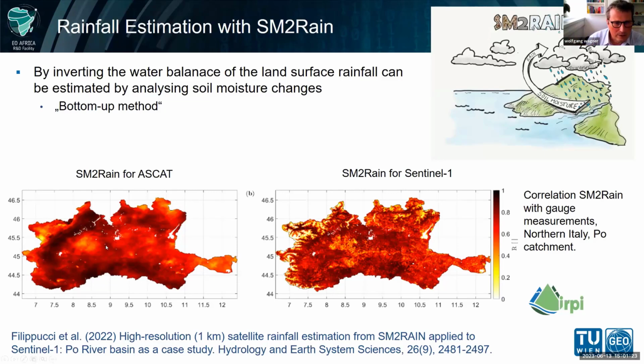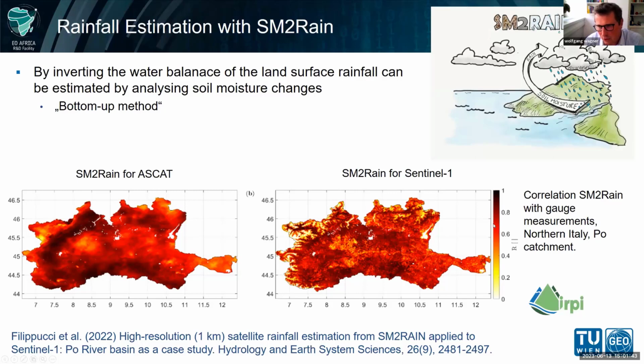Our colleagues from Italy applied the SM2Rain algorithm to both ASCAT and Sentinel-1. Again, here at the Po Basin, you see here the rainfall maps for the Po Valley.